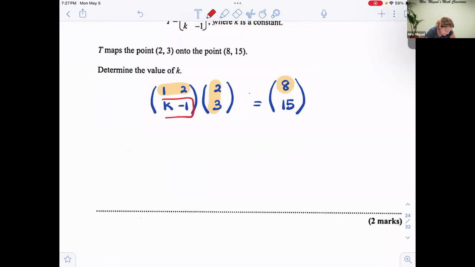So multiply this by this and put it equal to 15.